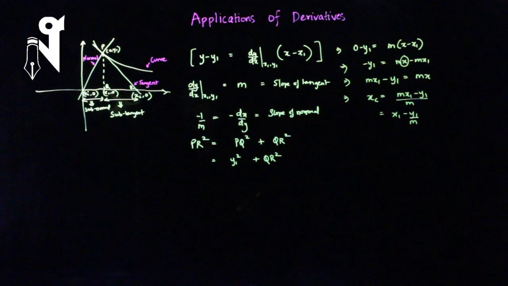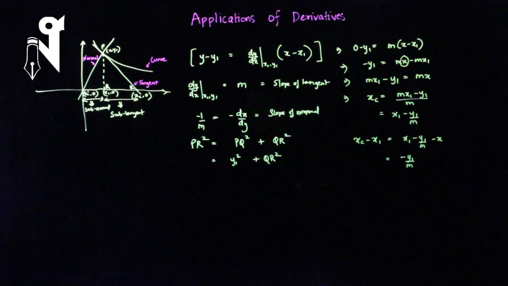Now the distance QR is the x-intercept minus x1, basically the subtangent. So the subtangent given by xc minus x1 is my QR, the base of this right angle triangle. What does this give me? This gives me x1 minus y1 by m minus x1, so that is minus y1 by m.